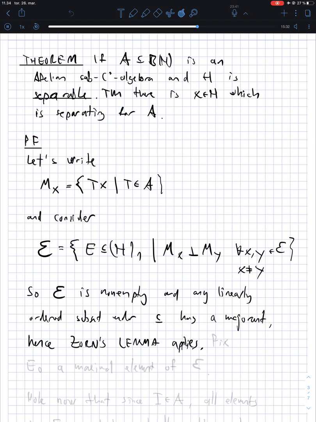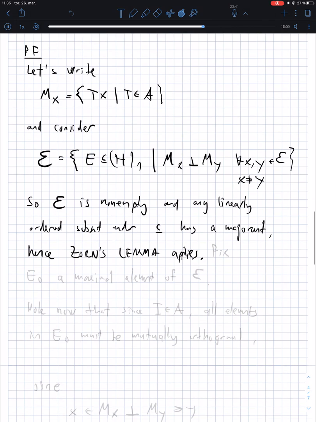Right? So first of all, why is it not empty? Well, I could just take the set consisting of a singleton that will, of course, satisfy the relation. Why does it have this property that we need in Zorn's lemma of having upper bounds for linearly ordered subsets? Well, if we have a collection of such E's, so that either E1 is contained in E2 or E2 is contained in E1 for any pair, we can just take the union and that will satisfy the relation as well.